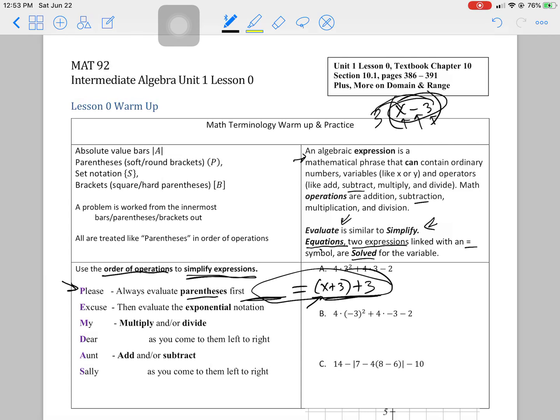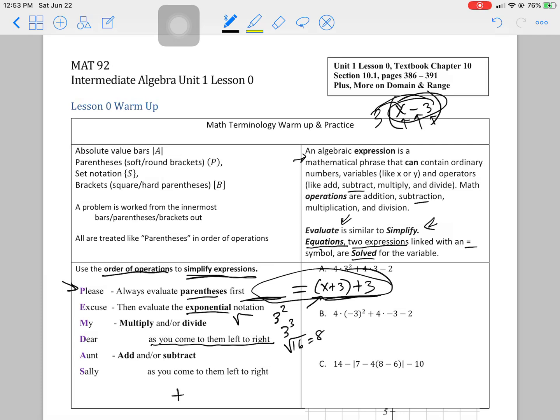Then you're going to find exponential notation, and that applies also to square roots. If you have something squared, if you have something cubed, you want to do that first. You also want to do any kind of square root, process them after the parentheses. And then you're going to multiply or divide as you come to them, left to right.